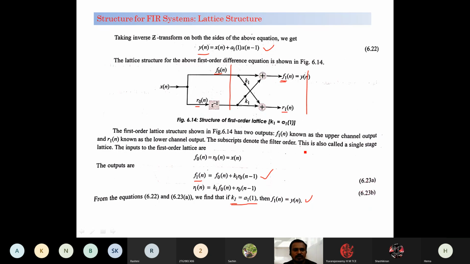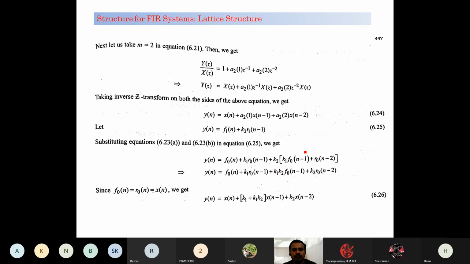Next, if you go for m equals 2, the transfer function Y of z divided by X of z is 1 plus summation i equals 1 to m.